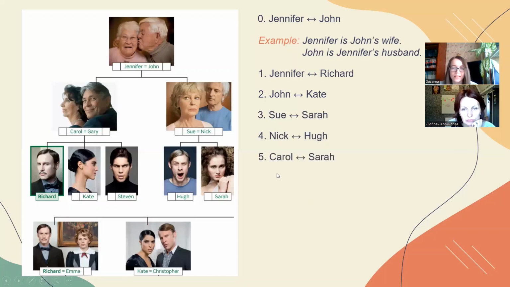Next, Carol and Sarah. Carol is Sarah's aunt. Sarah is Carol's... I forgot. Это как племянница, да? Yeah, so how to say it in English? Let's revise this word. It is called niece. So how do we spell it?